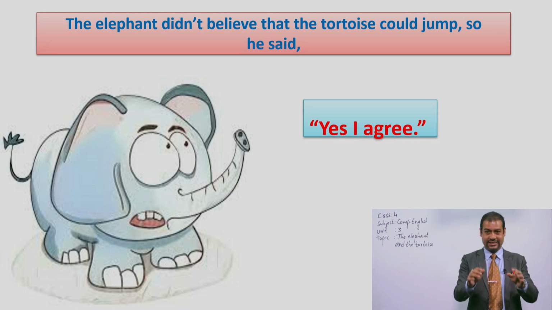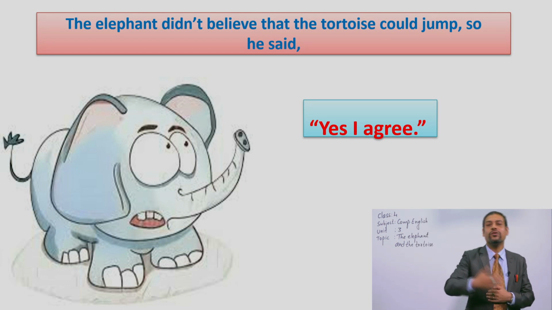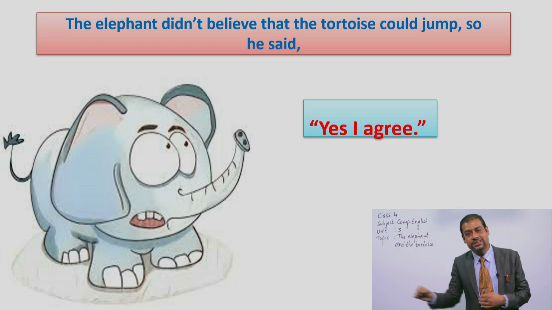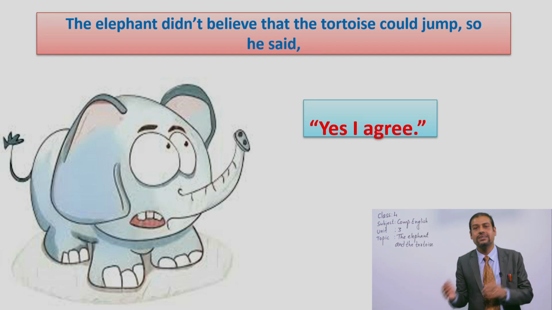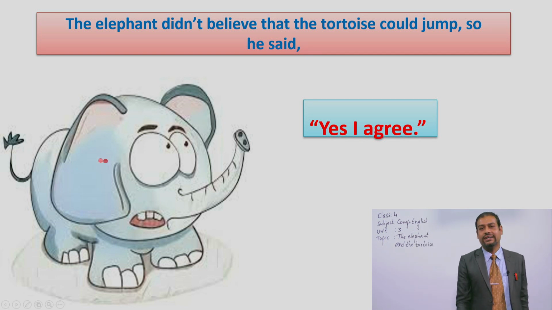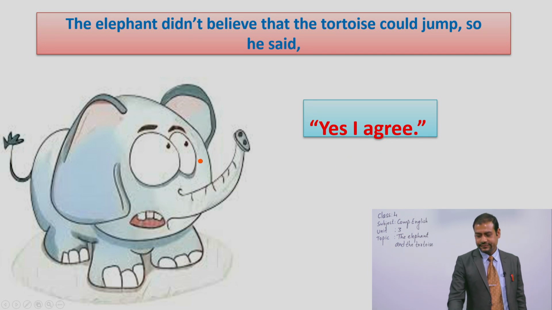That's why it said, yes, I agree. If the tortoise could not jump over the elephant, then the elephant could still call the tortoise short legs, okay? That's why he said, yes, I agree, okay?